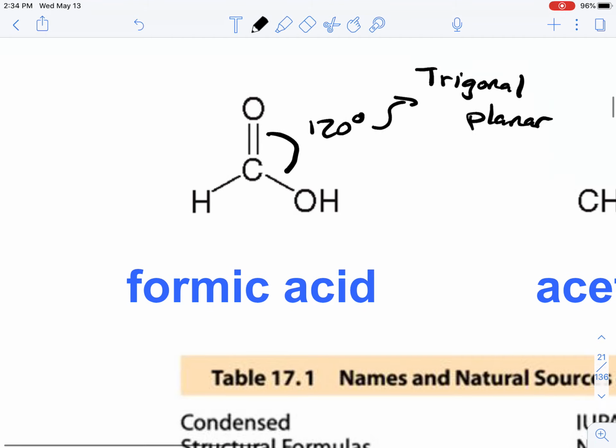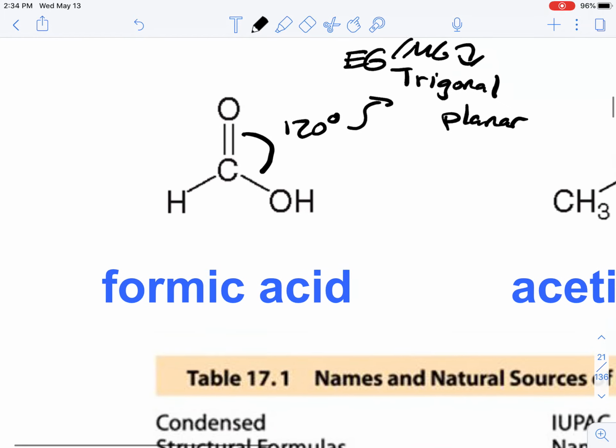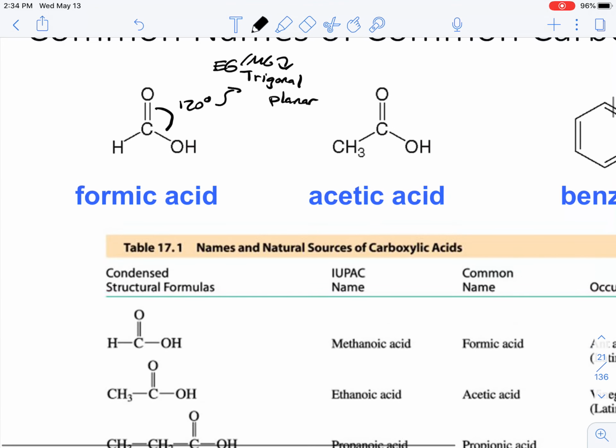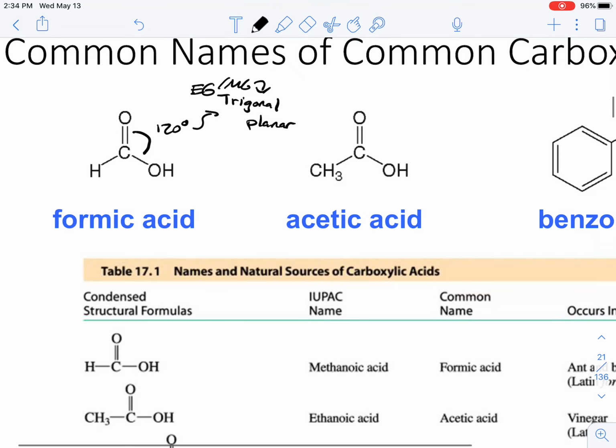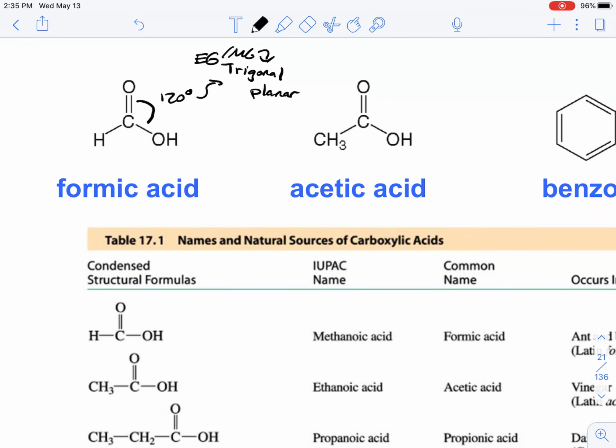So the electron geometry and the molecular geometry of a carboxylic acid is trigonal planar, and overall its three-dimensional structure is going to be flat. The geometry really becomes relevant when we're talking about chemical reactions, but it's good to understand its three-dimensional geometry in general.